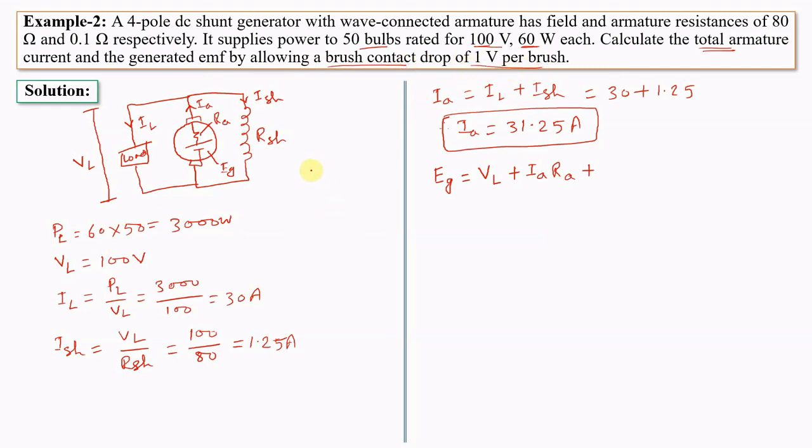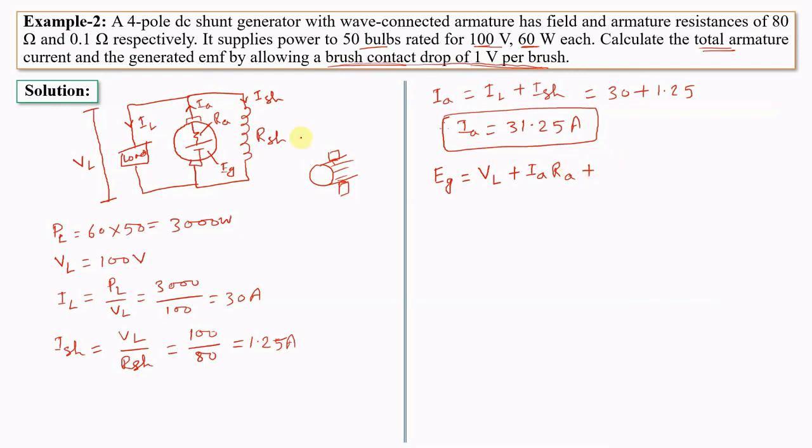Remember one thing, we have seen that there is a commutator and on the commutator, two brushes are connected. So during rotation, there may be a contact drop in the brush which is connected with the commutator. Here it is considered as a brush contact drop of 1 volt per brush.